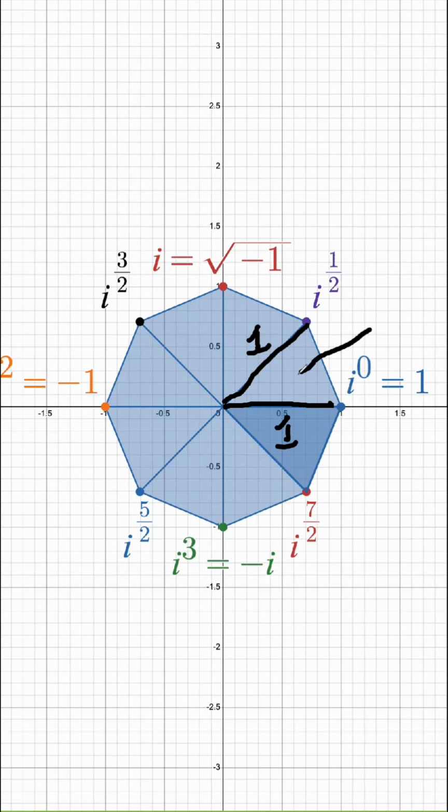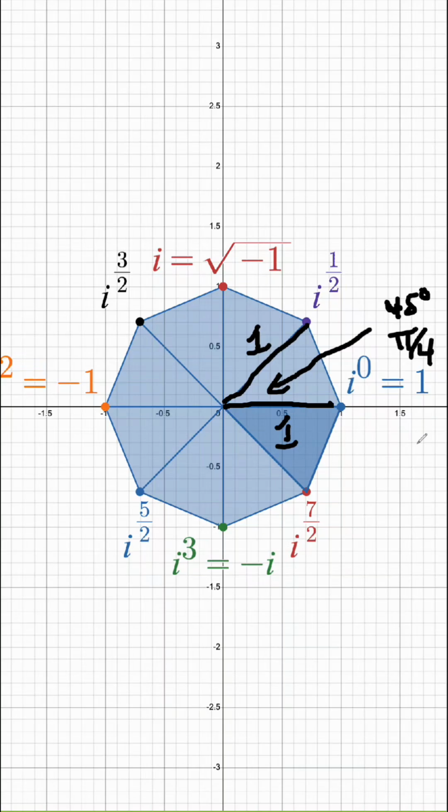The angle in between is now an entire circle, which is 360 degrees divided by 8, or 2 pi in radians divided by 8. And so that's 45 degrees, or pi over 4.